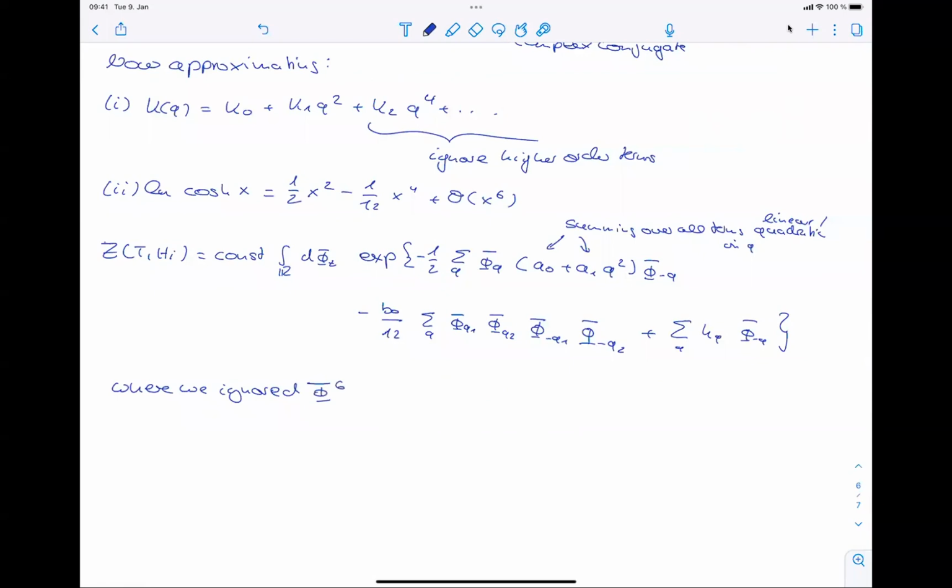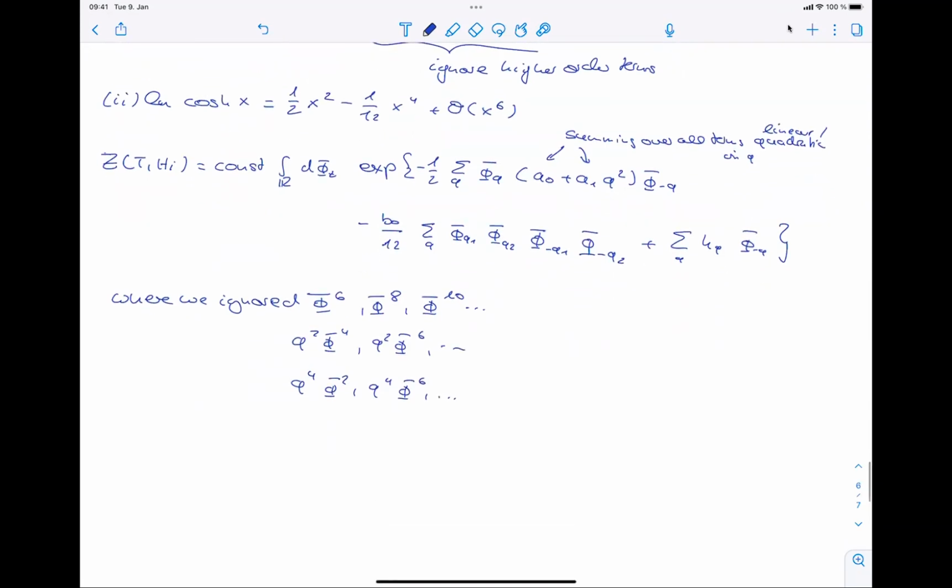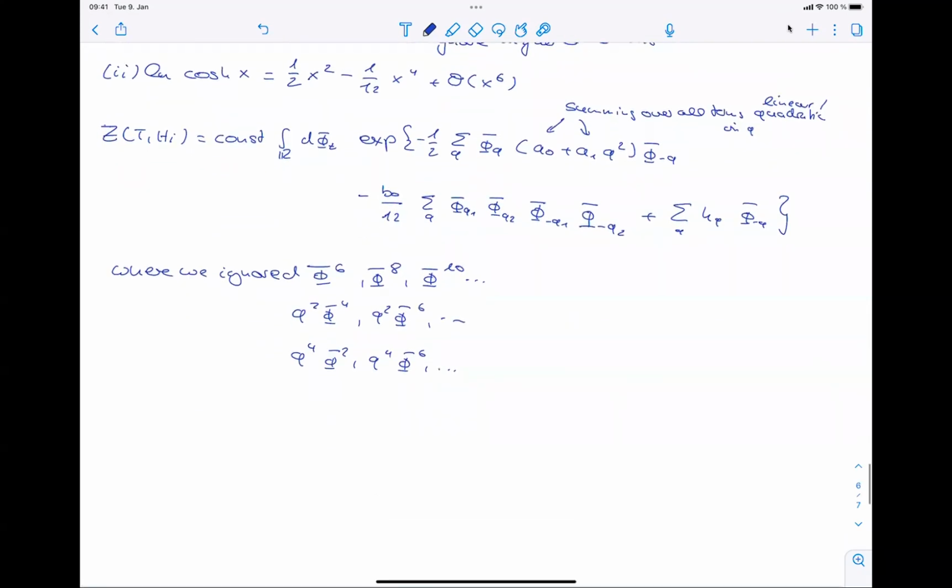So we ignored phi 6, phi 8, phi 10, but also q squared phi 4, q squared phi 6, and q to the power 4 phi squared, and so on. And as a final step, we now send the lattice spacing to 0 to really have a field description.